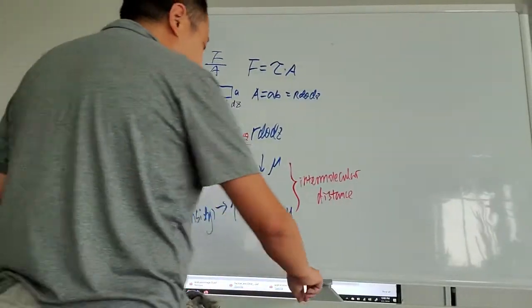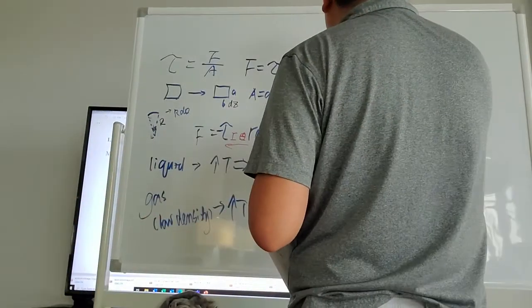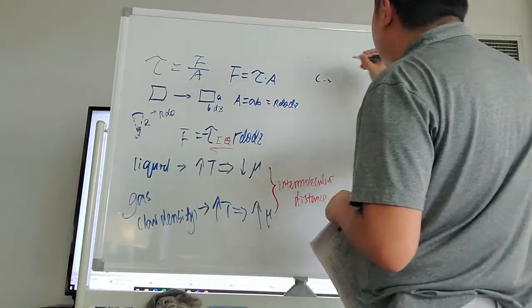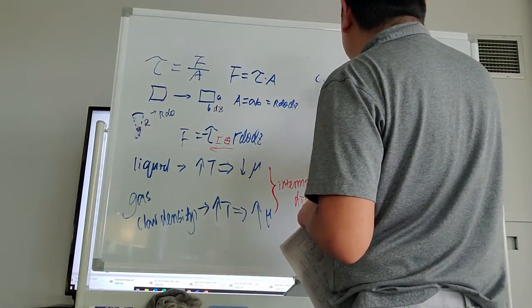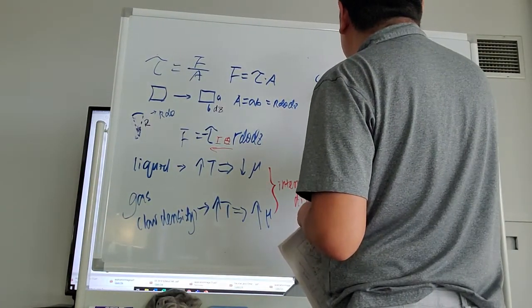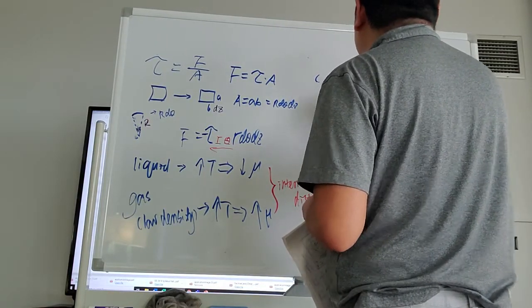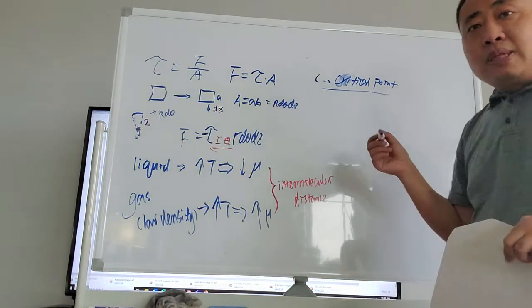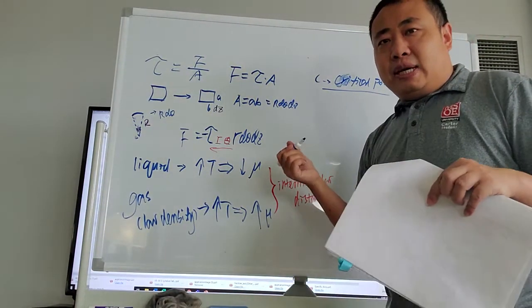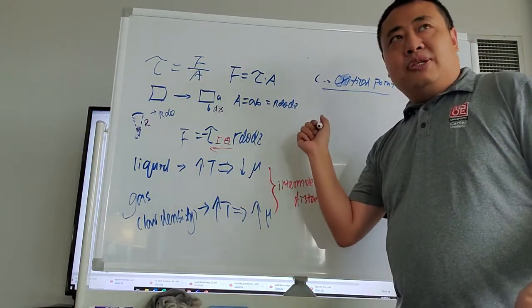So C here stands for critical point. So basically, PC, TC, MUC are the values at the critical point.